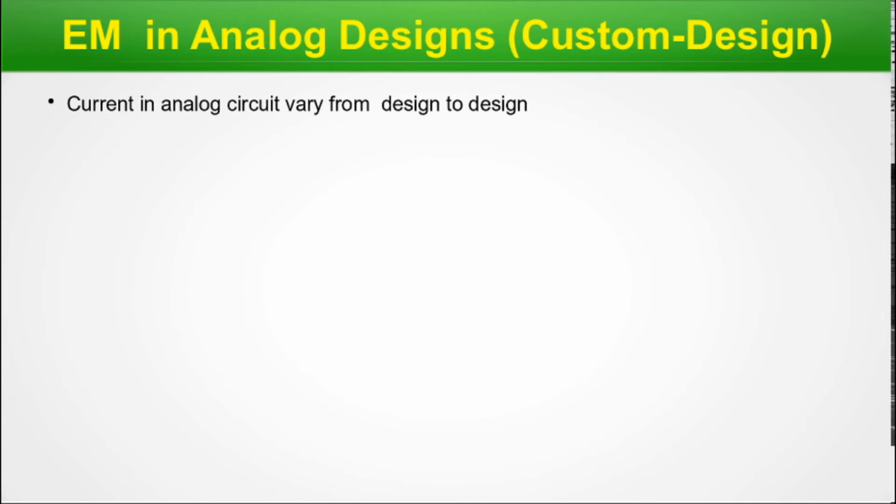Each design has different levels of current. It can vary from nanoamps to a few amps. Amps means where we are dealing with power circuitry, power management ICs, or high power applications.